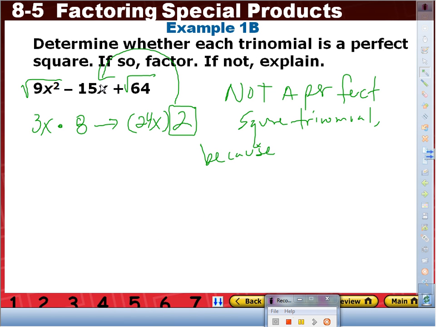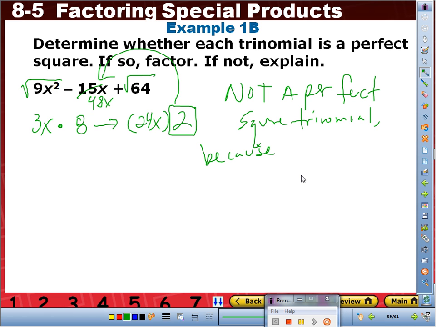So what did this middle term need to be in order for this to be a perfect square? 48 what? 48x. This needed to be 48x, either negative or positive, in order for it to be. But since it's not, you'll just write because 24x times 2 is not equal to the middle term. Are we there?